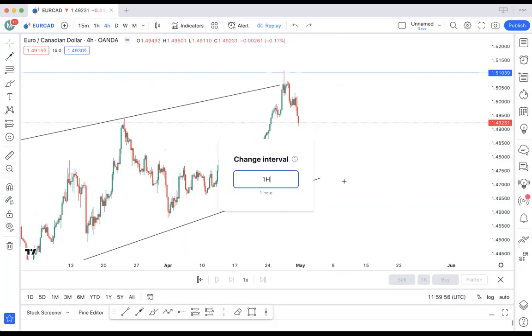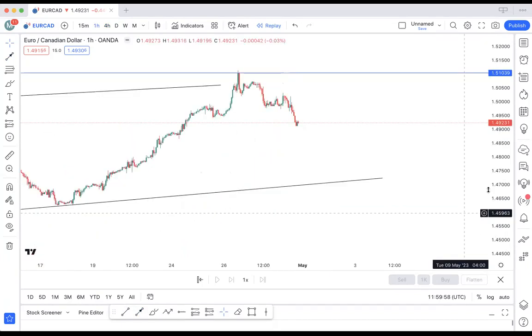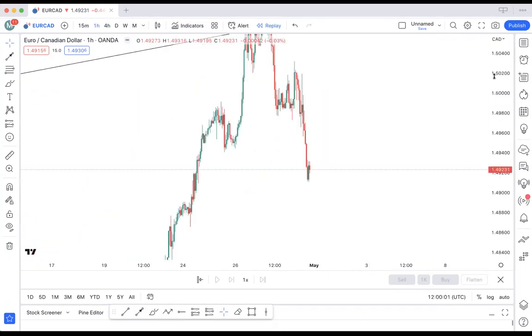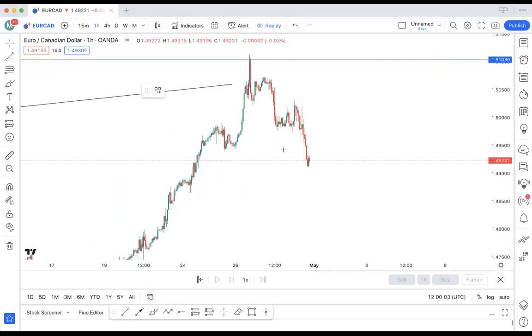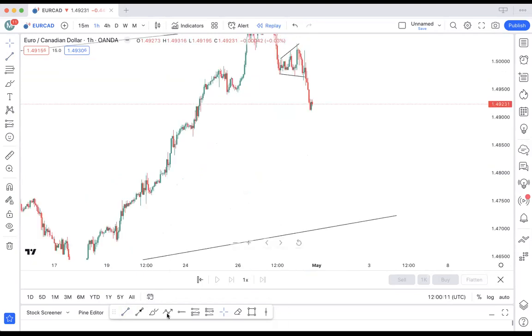Now let us jump onto our hourly time frame. On the hourly time frame, price already gave us that first continuation, as you can see. Now, how are we going to execute on this one? Price has already given us an impulsive move, so we are waiting for correction.